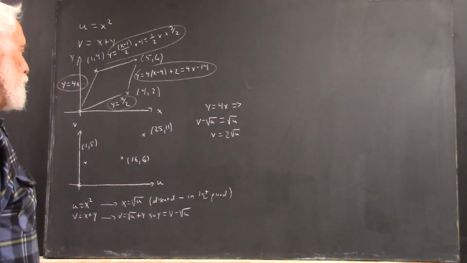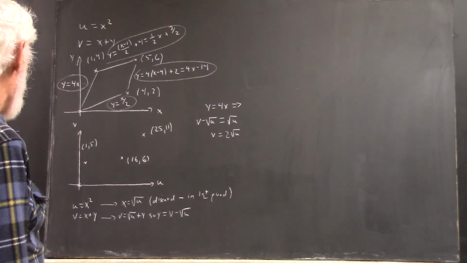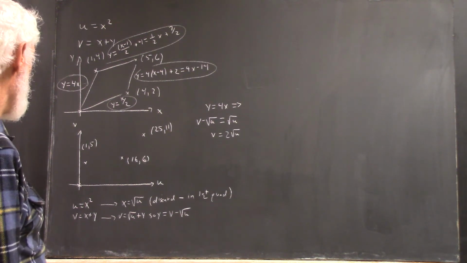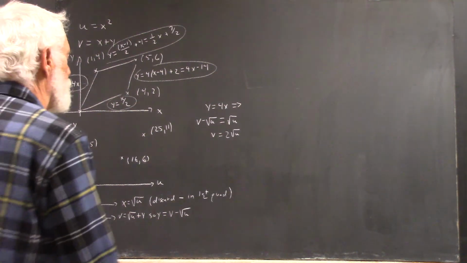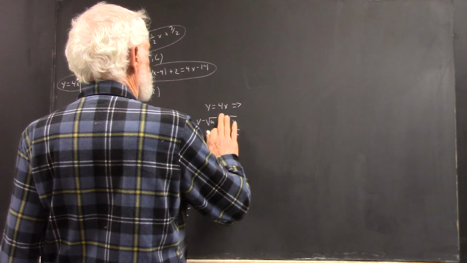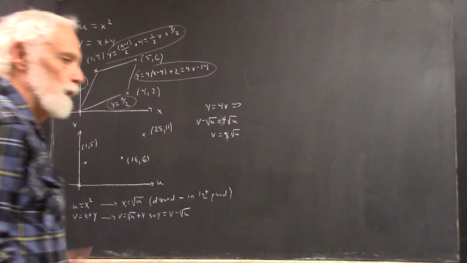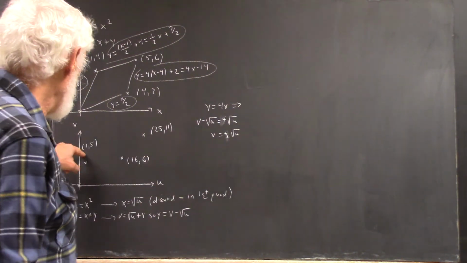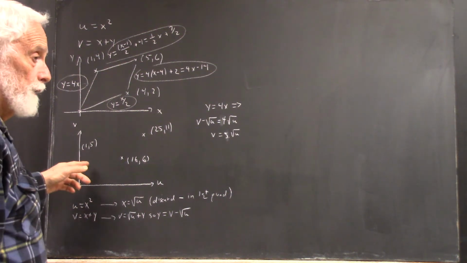So we get v equals 5 square root of u. Again, I'm checking: if u equals 1, then v equals 6 minus 1, which gives the point (1, 5). So what's the shape of the graph between here and here?